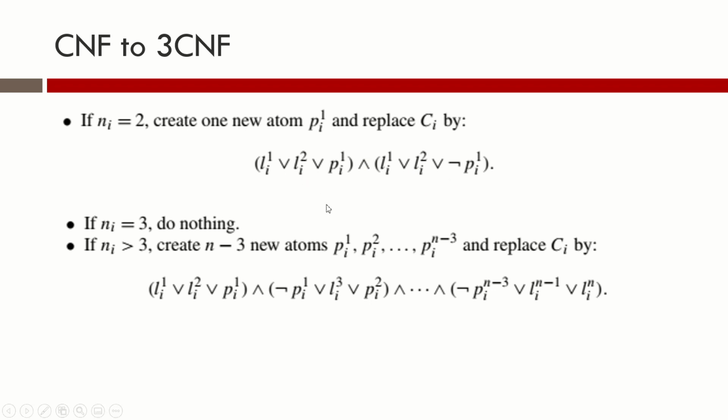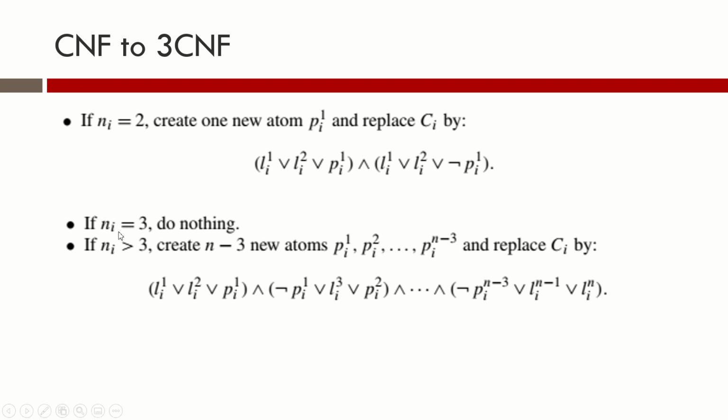Since we have Pi1 here and negation Pi1 here, the truth value of this formula will be equivalent to the truth value of the formula Li1 or Li2. The only thing is we are transforming it into a form where every disjunction has 3 literals.